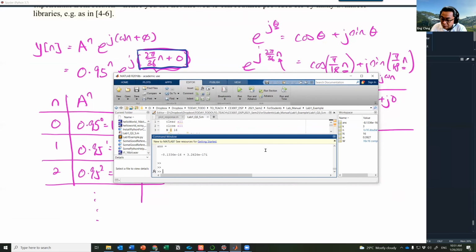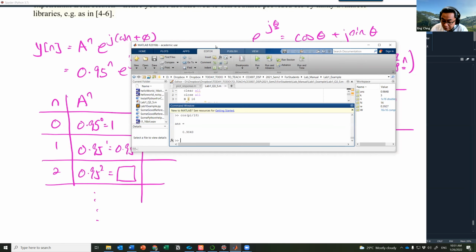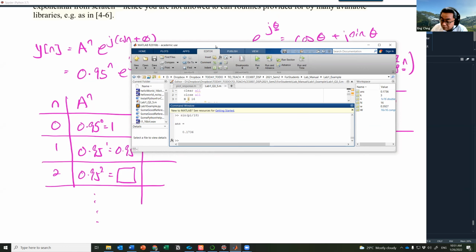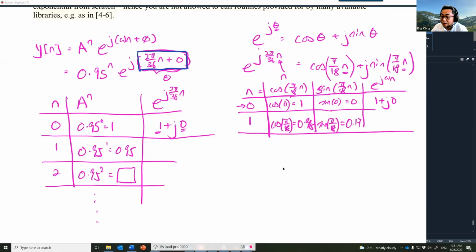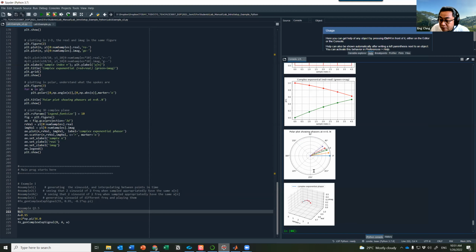Okay, so cosine π divided by 18 is 0.984. And what about sine? Sine π over 18 is 0.17. So what have I just done? I have filled up 0.98 and 0.17. Now you go and look at the figure again. This is like 0.98 and this looks like 0.17.